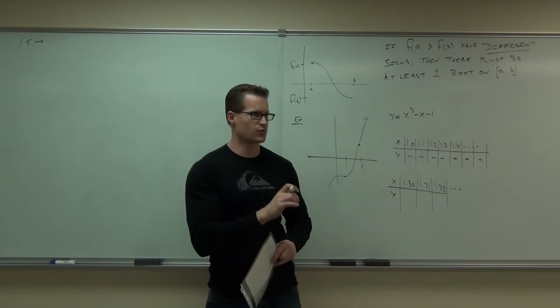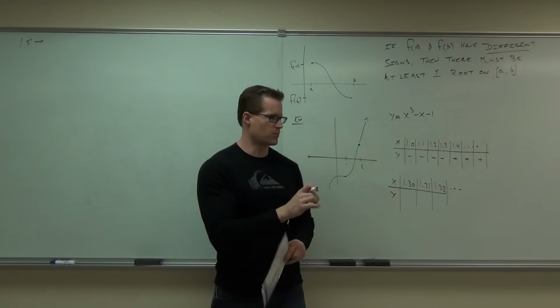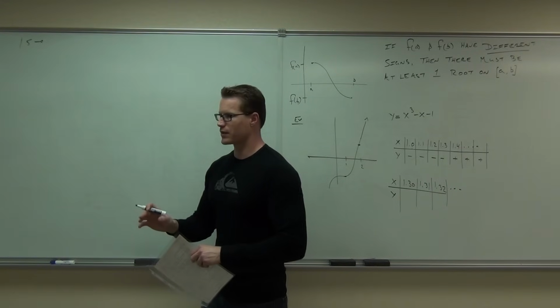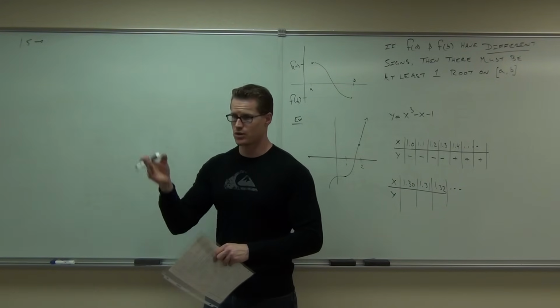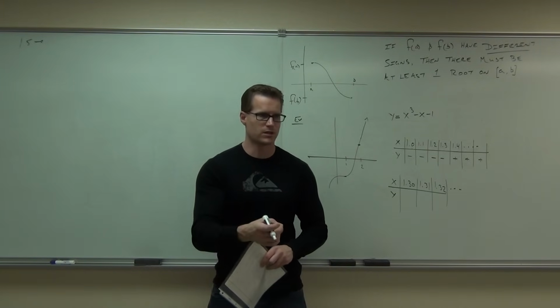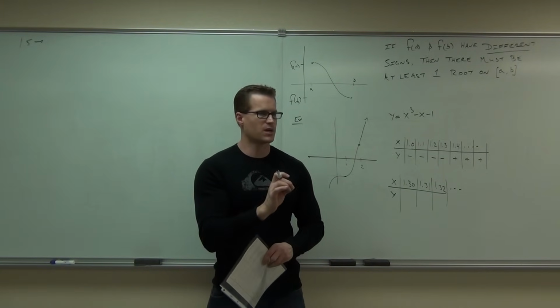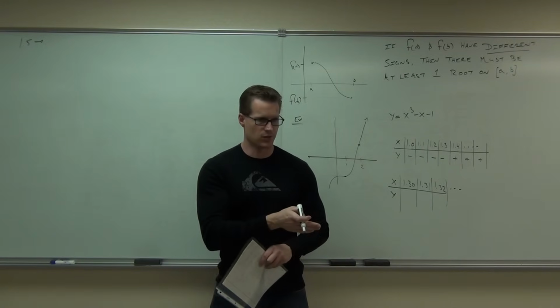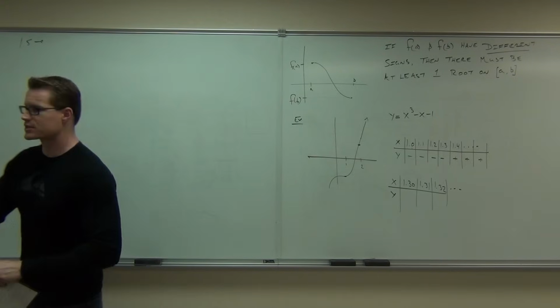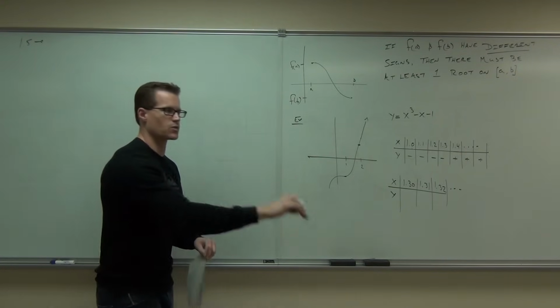I'll give you a definition for how we say the slope of a curve at a point in the next section. For right now, this is what we're doing. In the first part of calculus, what we want to do is find the tangent to a curve. In order to find the tangent of a curve, you need a slope and a point. The point's going to be given. What we want to be able to do is find the slope of a curve at a point. That's our whole idea. So that's why we'll be talking about tangent lines, and then rates of change follows directly from that.